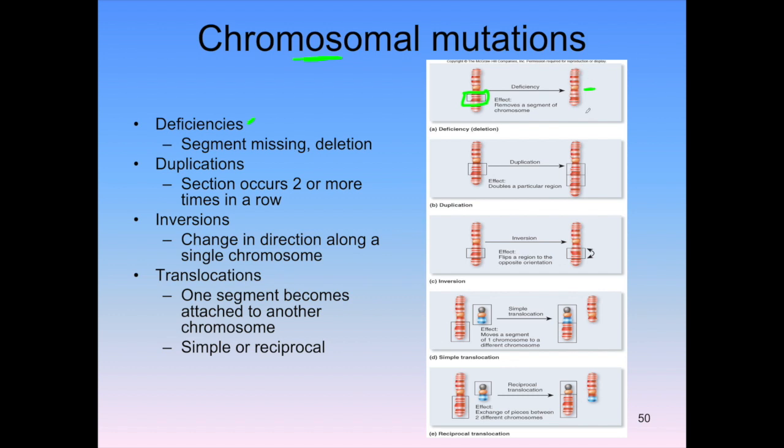Now these deficiencies, remember, can sometimes be overcome or not necessarily noticed because you have one from mom and one from dad. So if the one from mom is deficient in a region, the one from dad will still have that region, so you still will express whatever genes are on that second chromosome. That's why we have pairs.